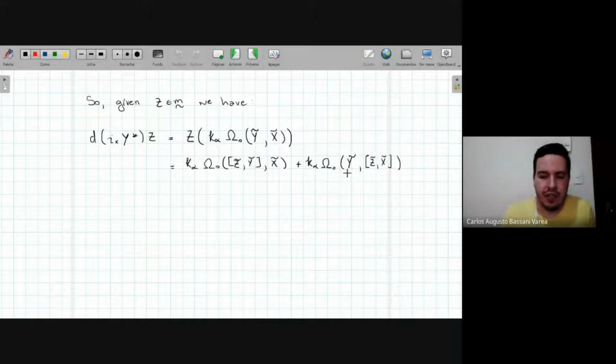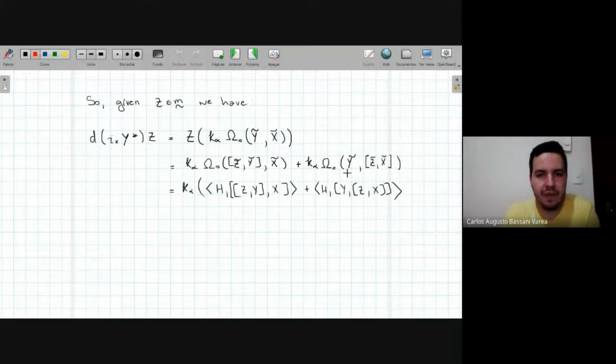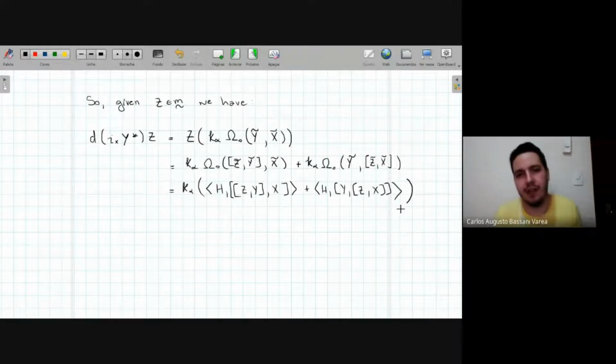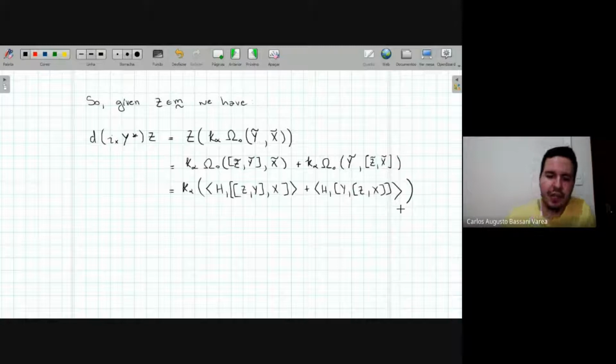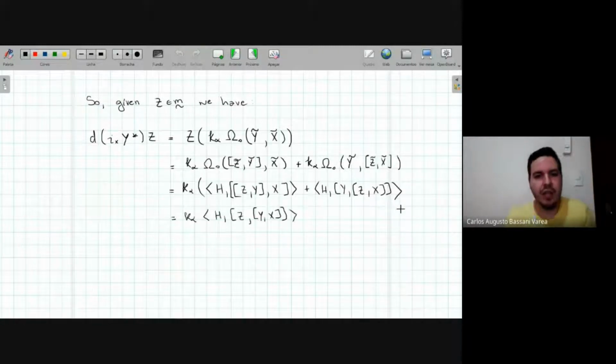And using the definition of the constant, the asymptotic form at the origin, we obtain this expression here. There is another guy. So we obtain just this expression. And by using the Jacobi identity, we can reduce the expression for this.